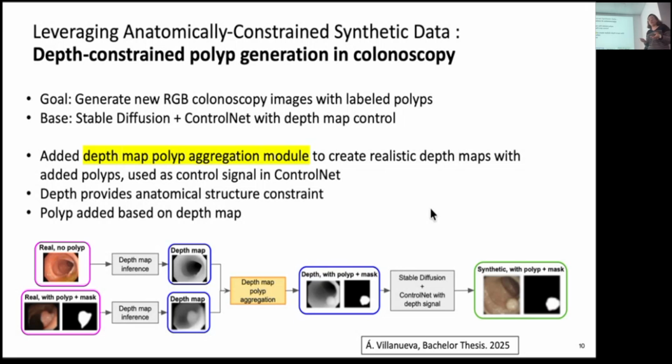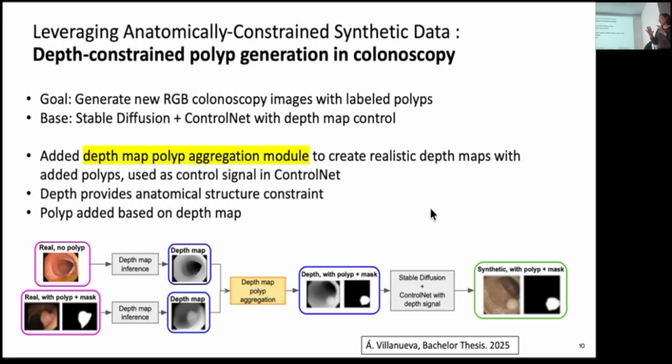We wanted them to be realistic, not just in texture, but also the position of the polyps and the shapes. Yeah. So what we did is that we used the depth again, because in colonoscopy that's basically all you have, because the colon is a tube. So the depth gives you a lot of information.